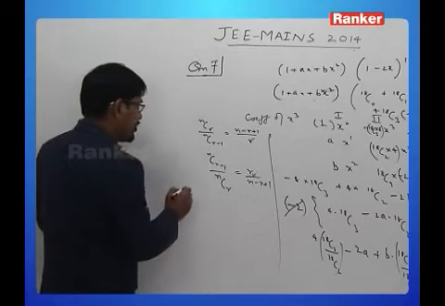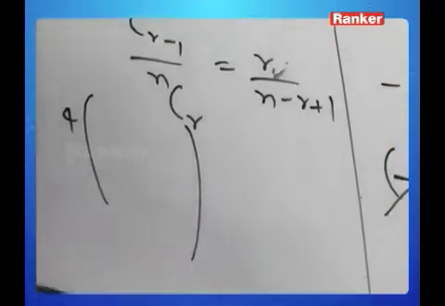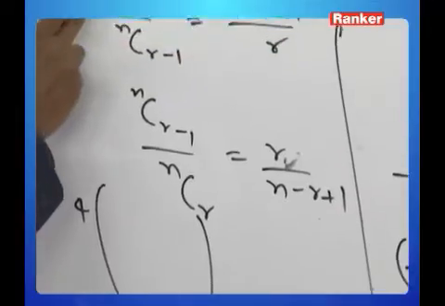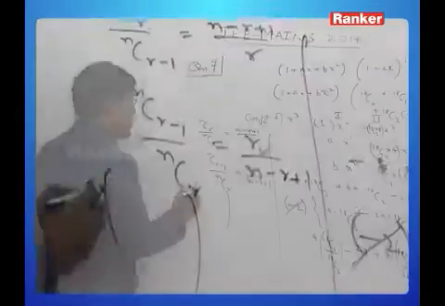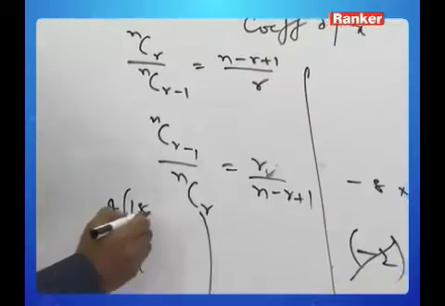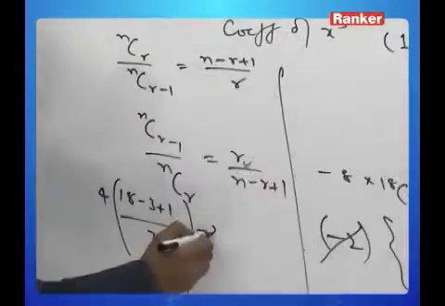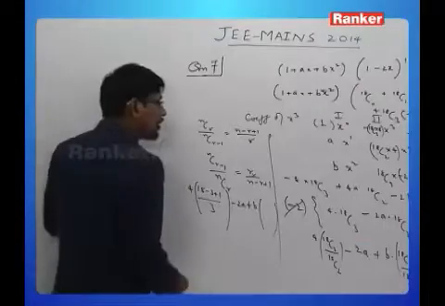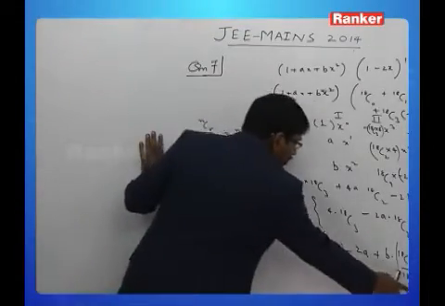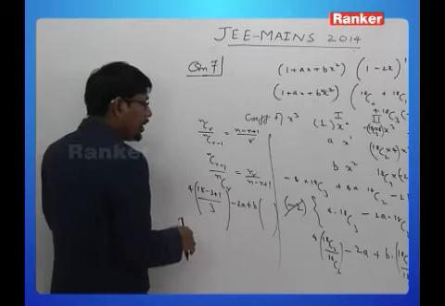So what is it? 4 into, what is 18C3 by 18C2? What is in place of n? We have 18, and in place of r we have 3. So 18 minus 3 plus 1 by 3, minus 2a plus b into, I have to write the reverse here. In place of r you have 2, NCR minus 1 by NCR, r is 2 here.